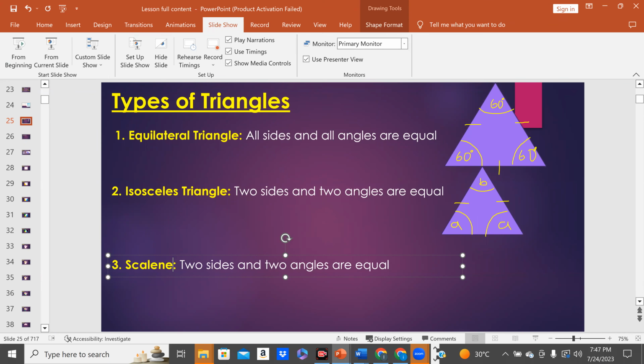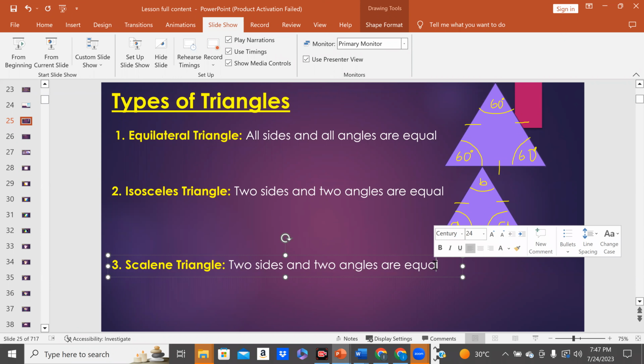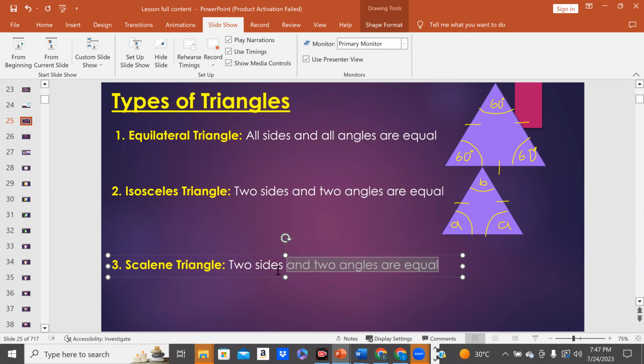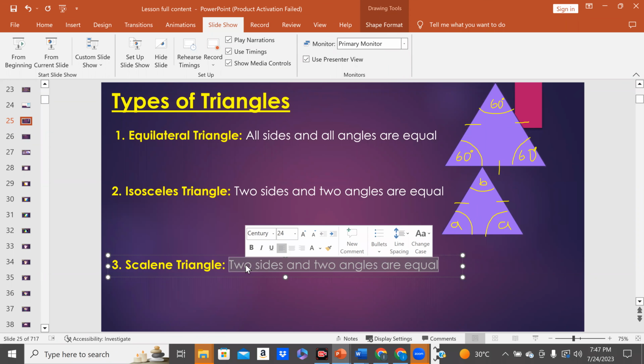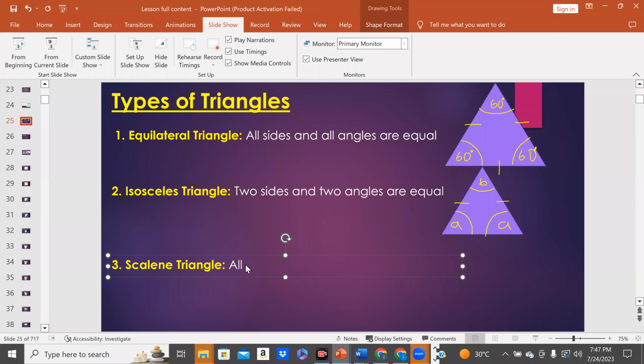Okay, so all right. Scalene triangle. A scalene triangle is a triangle where all sides and angles are different. So that's a wacky one.